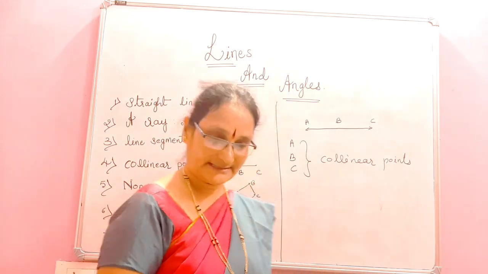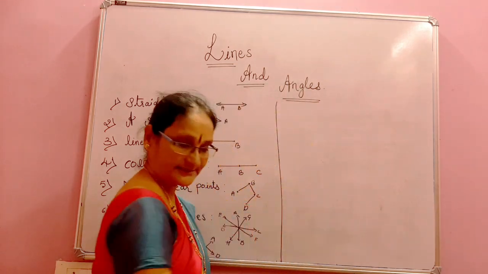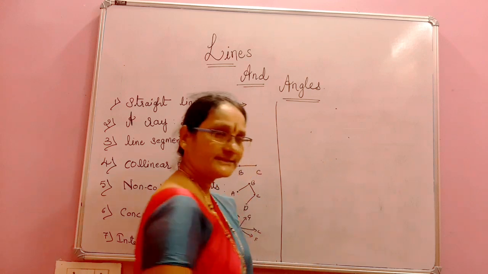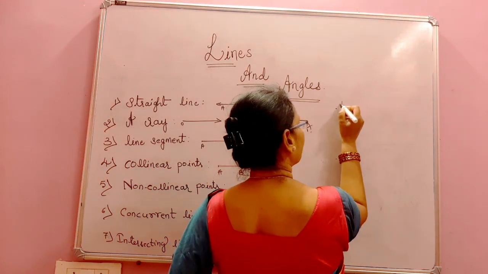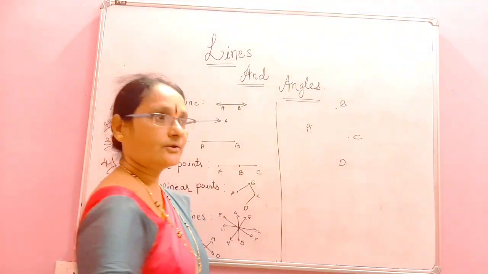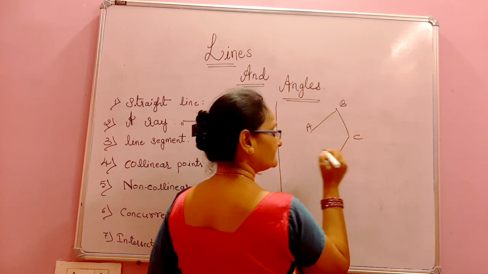Then next comes non-collinear points. Non-collinear means, see here, these are the 4 points, that is A, B, C, D. When I join these, I don't get any line here.